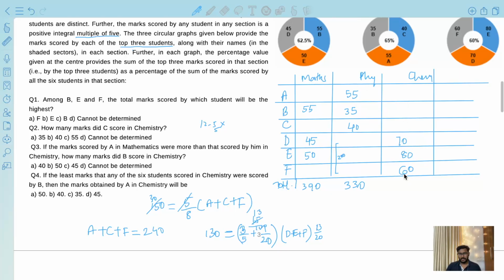Now here it is 30. That means 350, 350, 560.